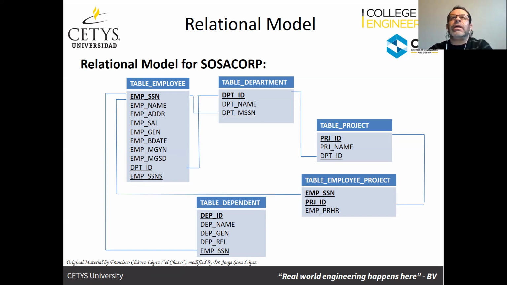And normalization is nothing else than a procedure we're going to follow to validate that our tables are structured in a way that we're going to reduce as much as possible the possibility of having any of the anomalies that we have talked about, the insertion, deletion, and updating anomalies. And that's going to be a process that we're going to see when we talk about normalization.